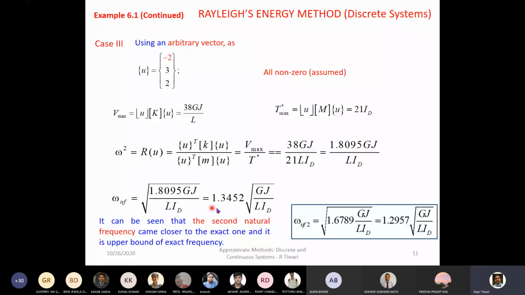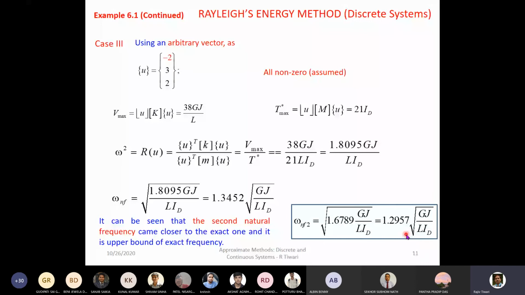So this is the natural frequency I'm getting, 1.3452. Of course this is not close to the first natural frequency, but if we solve the eigenvalue problem, the second natural frequency is 1.2957. So now it is closer to this and higher than that, because this is a very approximate value. So the difference is large, but this can be fine-tuned to get much closer to this.